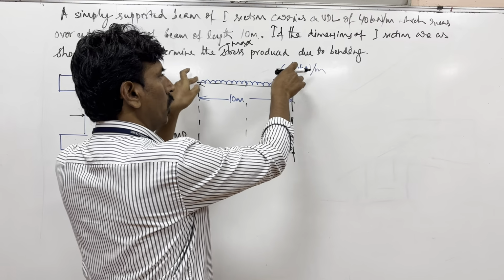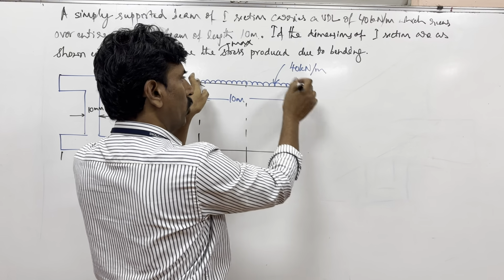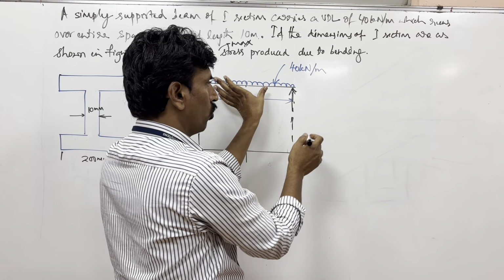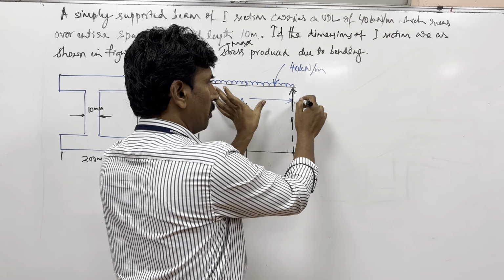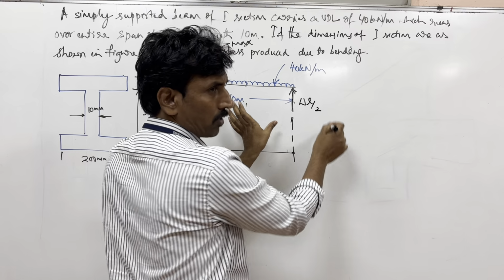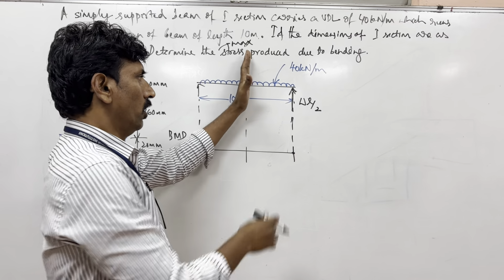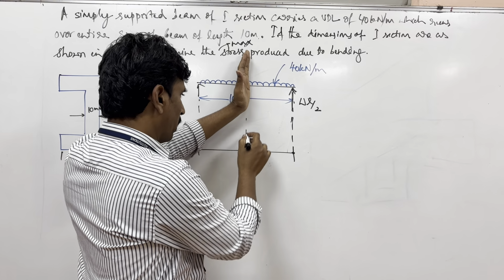Basically, the total UDL is W into L. W is the intensity multiplied by L, which gives the total UDL. Since it is symmetrical, half of the UDL will be taken by the left side, half by the right side. So here, WL by 2.